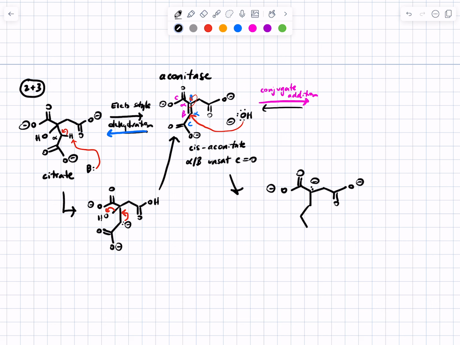And the OH group is going to be here on, I gotta get the stereochemistry right, it's going to be here on the pink beta carbon. Okay? And then, of course, that enolate will pick up a proton from some source. We don't care where, probably the enzyme. And that will generate the following intermediate. It is an isomer of citrate.